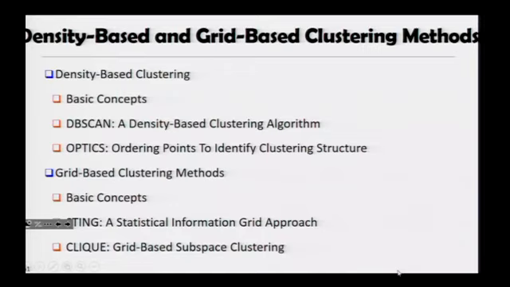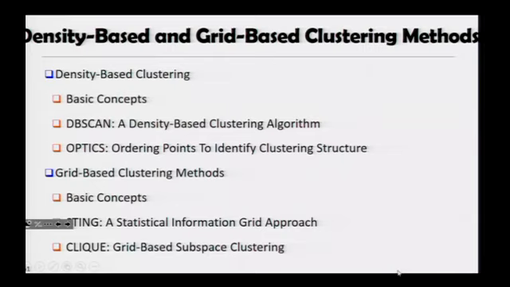So I will briefly talk about both the density-based clustering and grid-based clustering methods, including the basic concepts, like how to formally define the terminologies in these algorithms. And I will give special discussion on 4 algorithms here.